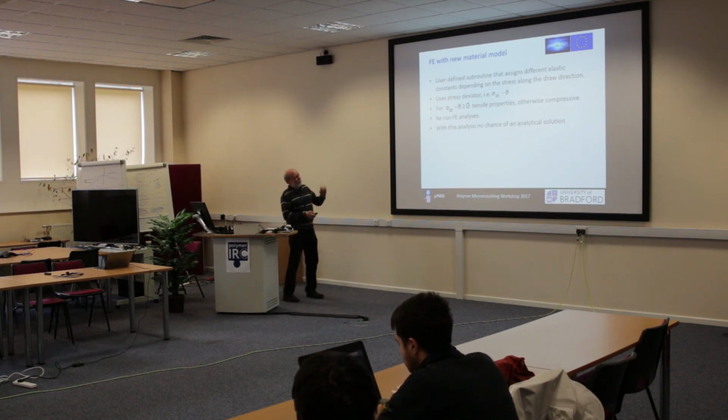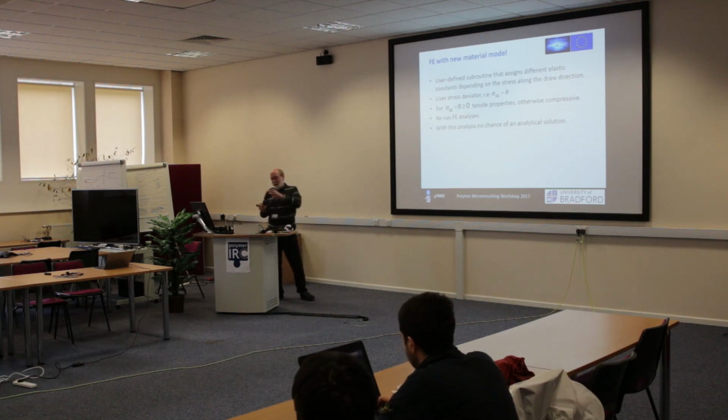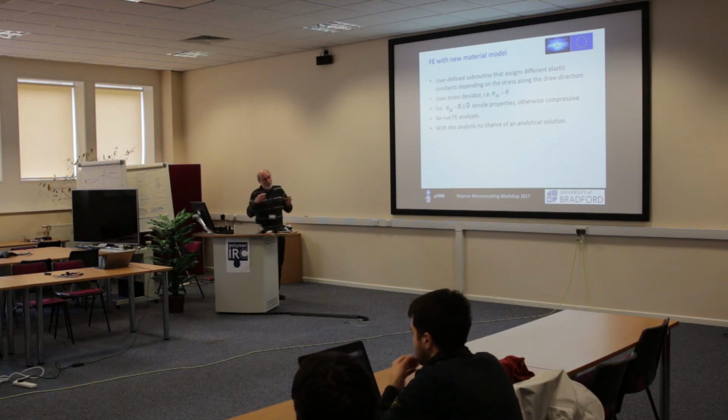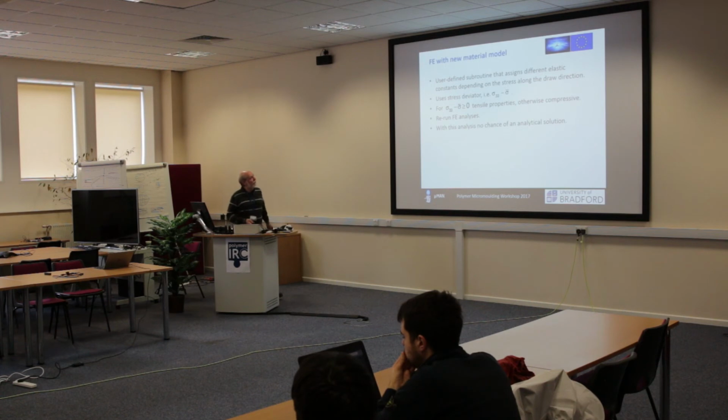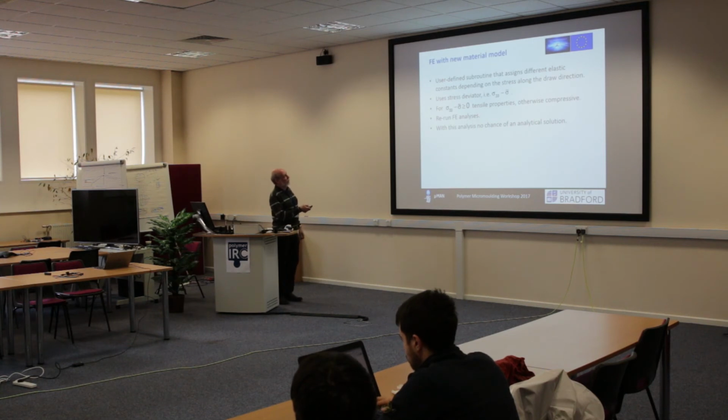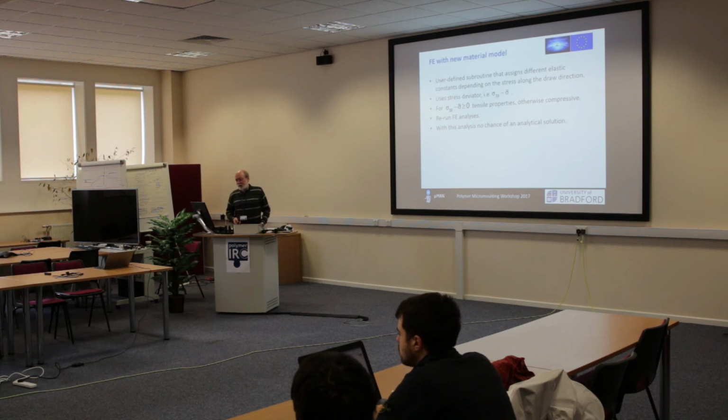All the theory of plasticity tells us that the hydrostatic stress doesn't. Imagine if you put hydrostatic compression on the whole thing, you're not going to produce compressive properties that way. There's no buckling effect from hydrostatic pressure. So I've used this. If this is positive, we have tensile properties. If compressive, we have the compressive properties. And rerun the Abaqus analyses.